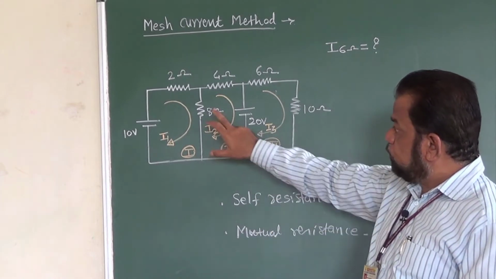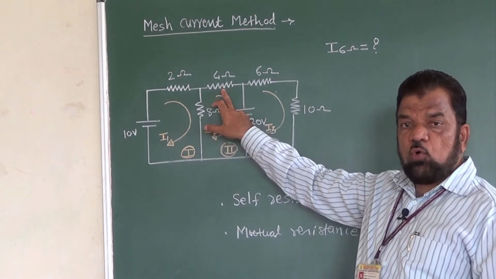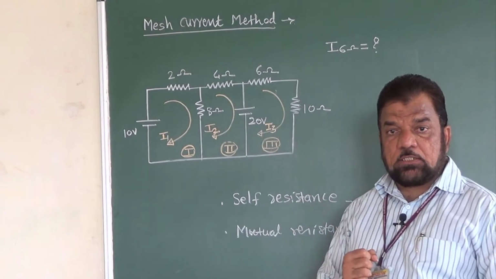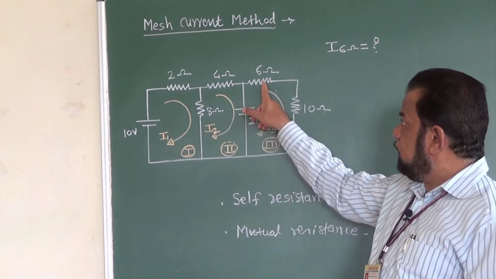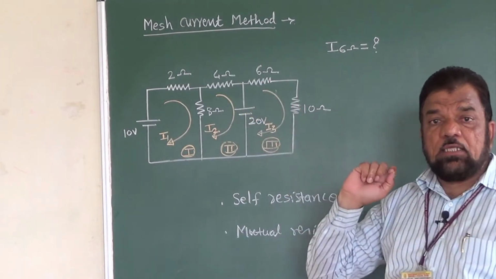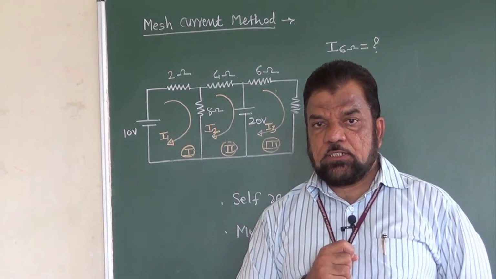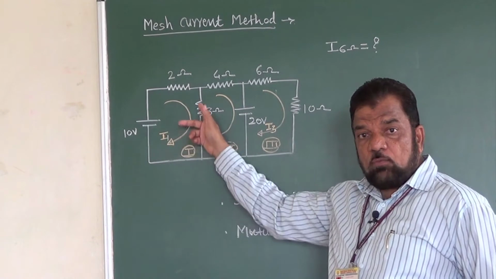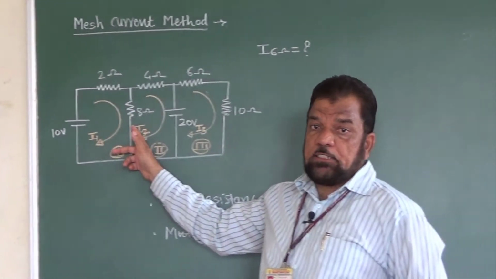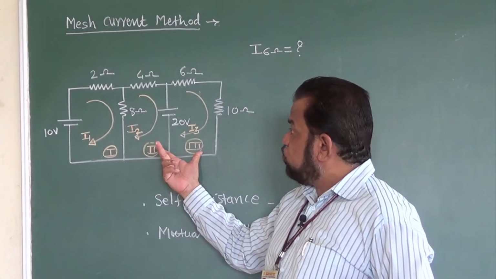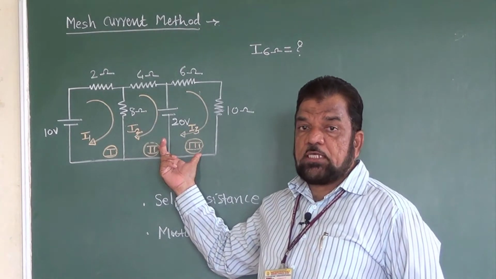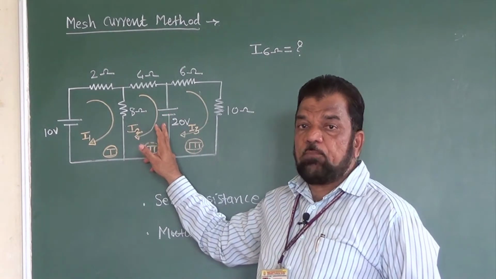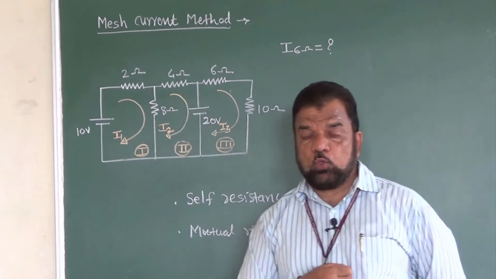For loop 2, 8 ohm and 4 ohm are the self resistances, whereas for loop 3, 6 and 10 are the self resistances. Between loop 1 and 2, this 8 ohm is the mutual resistance, whereas between 2 and 3 there is no resistance as such. In that case you have a simple battery of 20 volt.